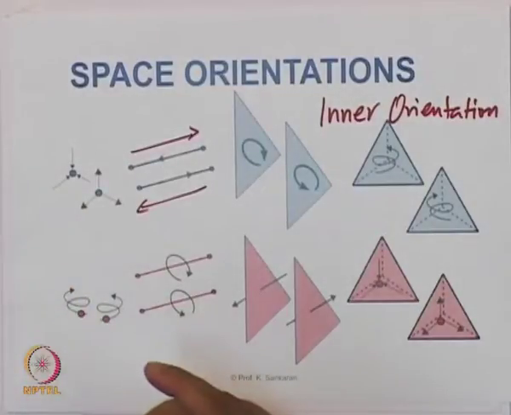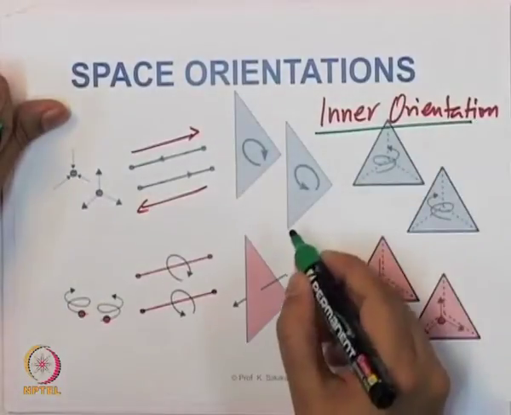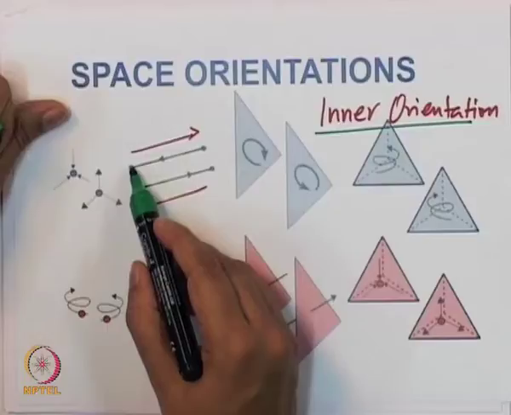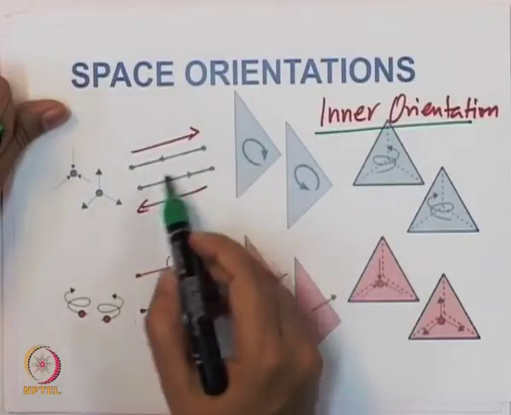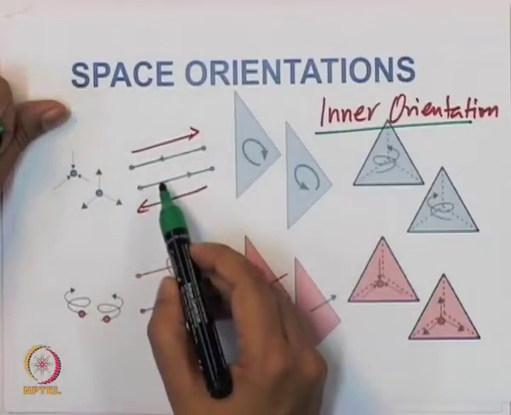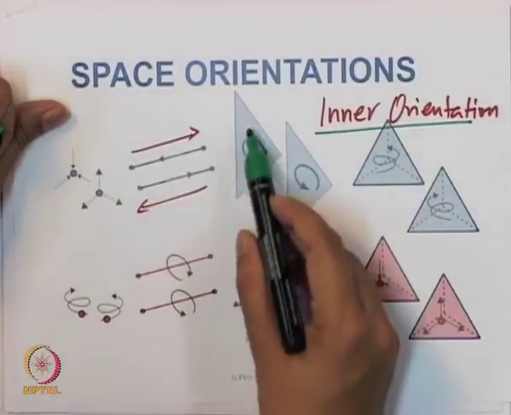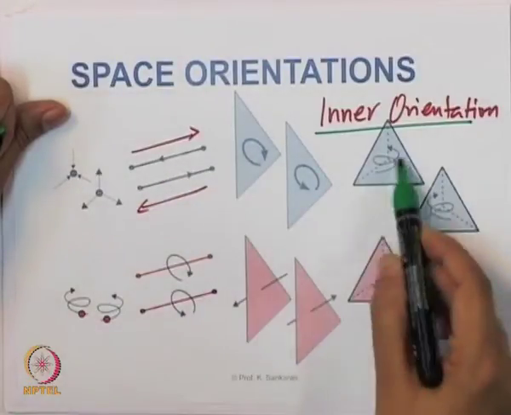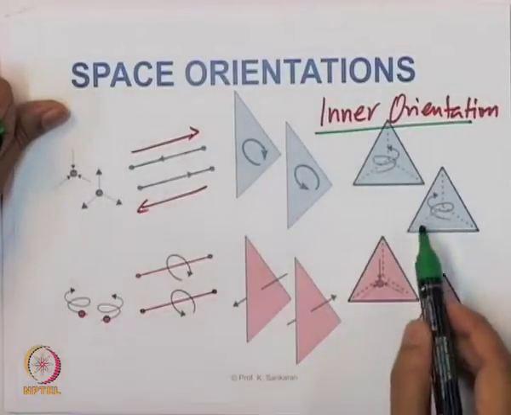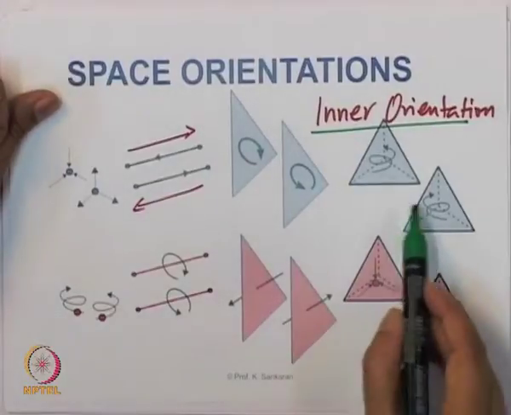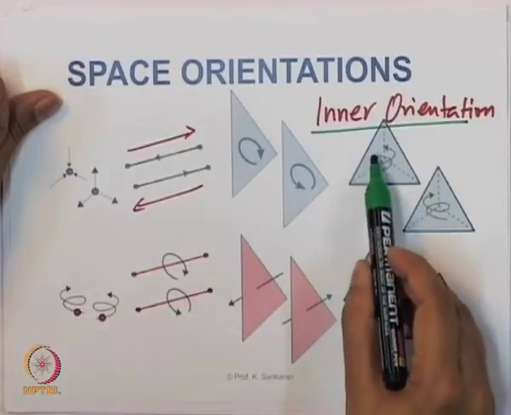Inner orientation, to a larger extent, can be understood because it is almost on the same dimension or the same space as the body of the object itself. When we talk about a line, it is along the line. When we are talking about a surface, it's along the surface. When we are talking about the volume, it's internally in the volume. For the volume we talk about a clockwise or anti-clockwise rotation. So this is a curl or divergence, things of that sort. We are talking about whatever is happening internally to the object.